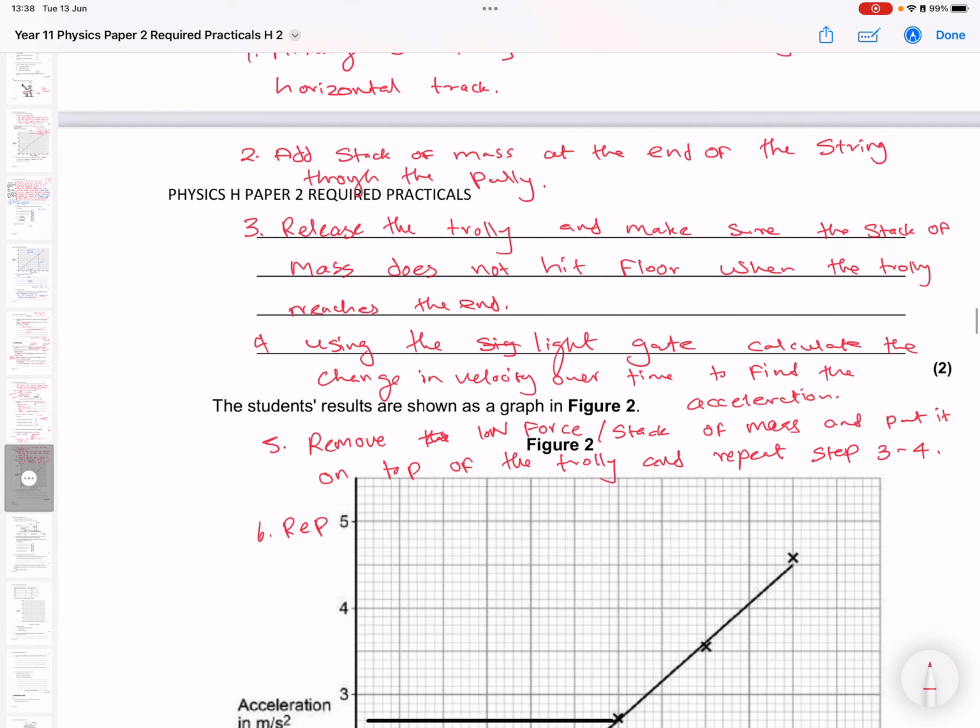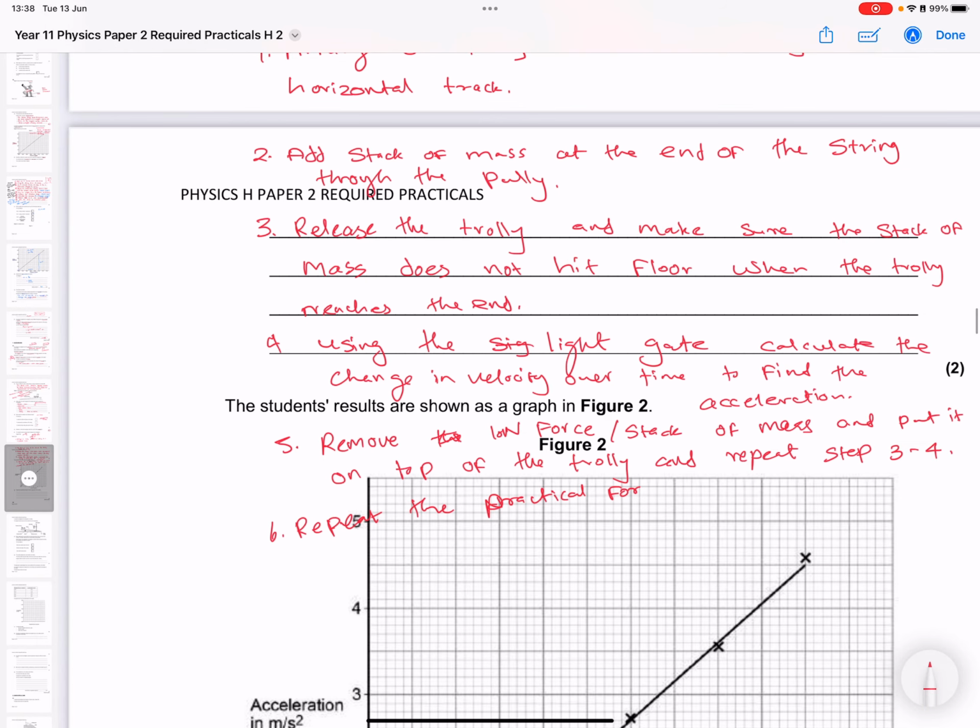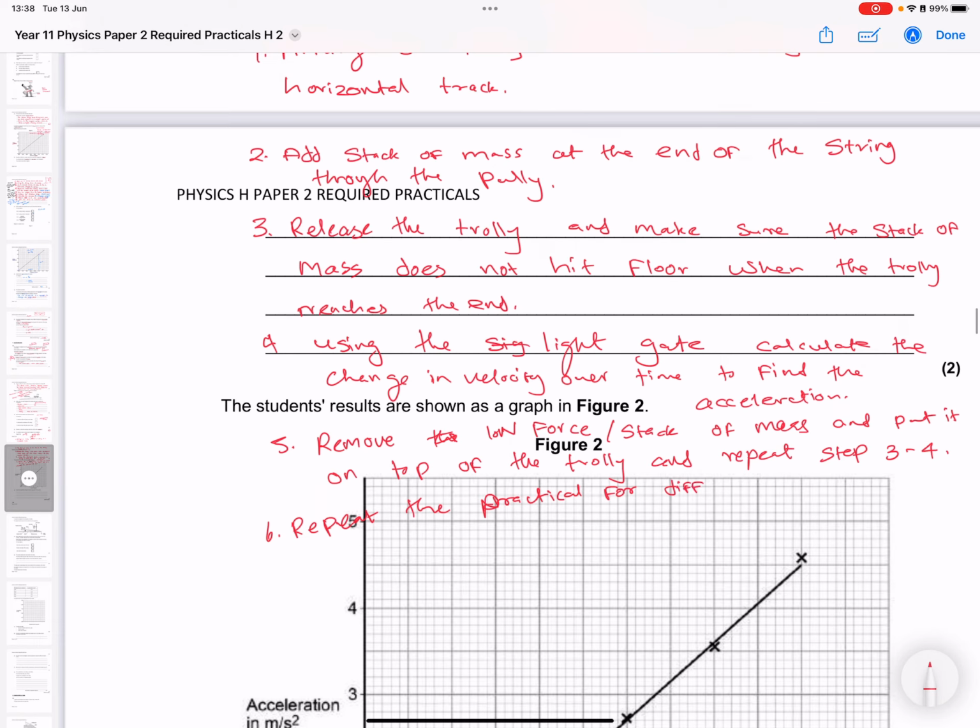So, repeat the practical for different sets of net forces. Okay, so maybe 100 Newton first, then 90 Newton, then 80 Newton, 70 Newton, 60 Newton, 50 Newton.